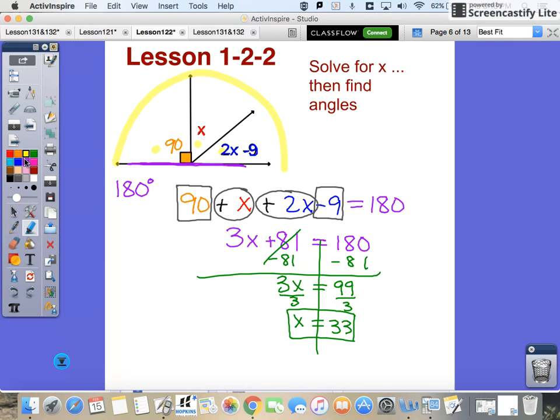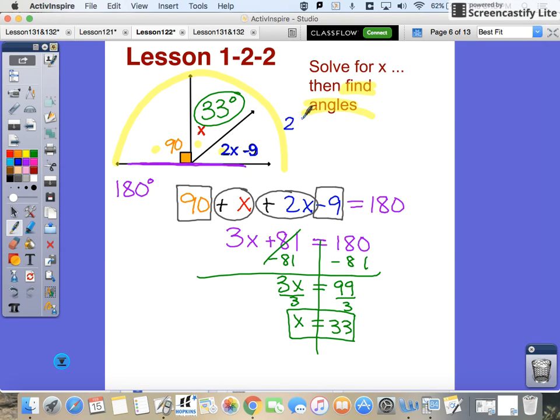The whole goal here is to find the angles. So what we have to do is go back into the angles that we were given. So here it says x is this angle measure. Well, we now know that x equals 33. We just found that x is 33. So this angle is 33 degrees. Here, what we have to do is put it in for x.